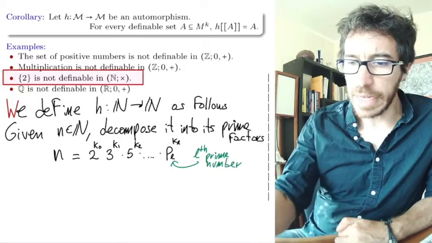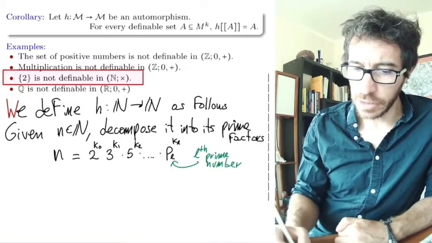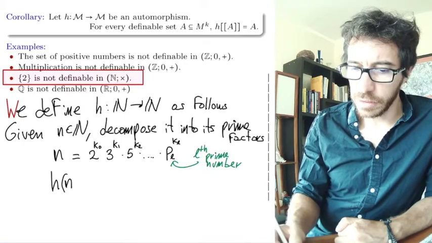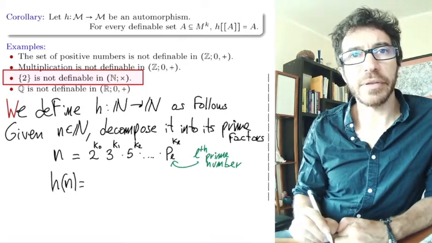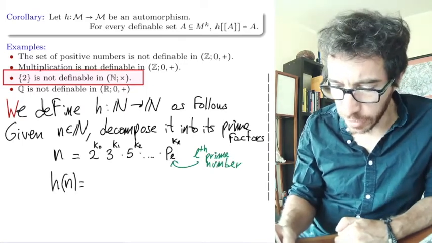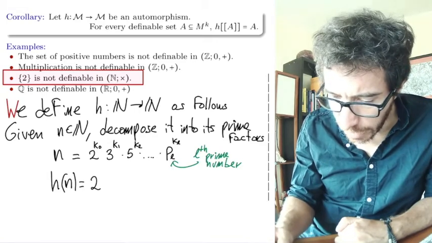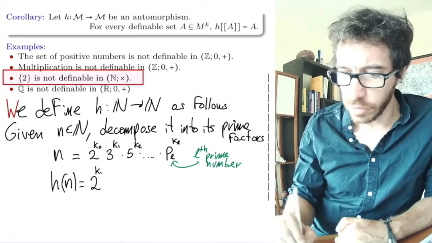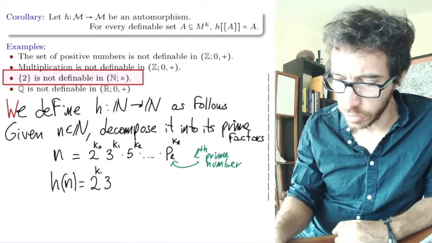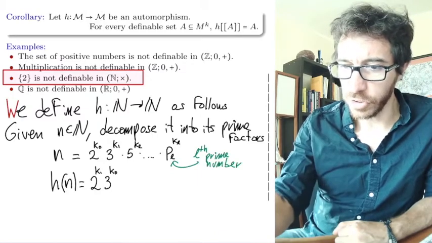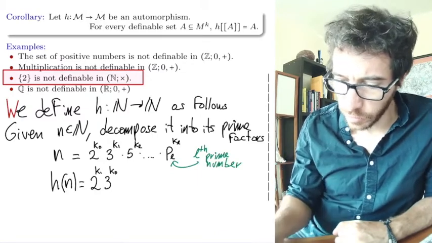We're going to define the map to do the following. H of n: we're going to flip the first two primes. So we're going to take 2 to the k1, 3 to the k0. Notice here we are flipping.